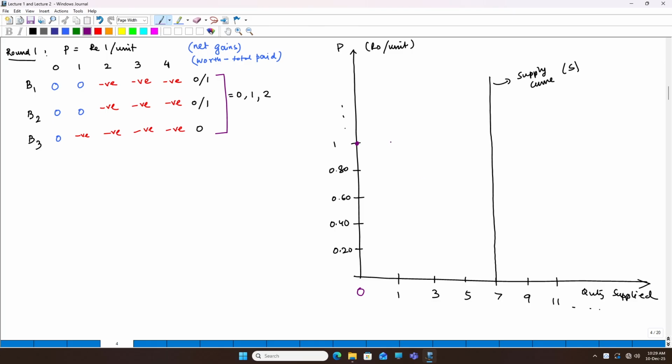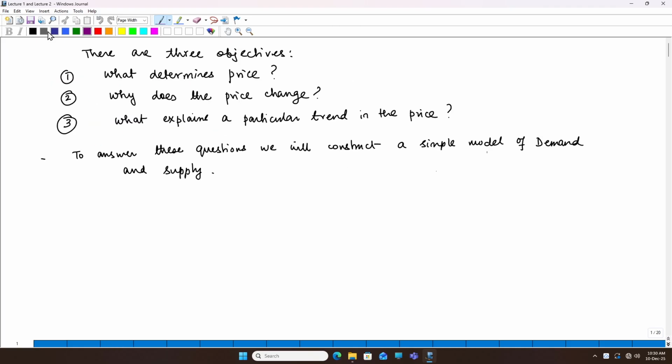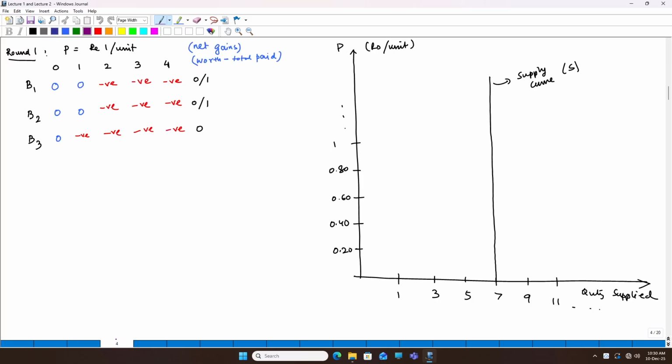So, either it is 1 or it is 2, right. So, the total quantity that is purchased is either 0 or 1 or 2, and the number I am going to denote on the x-axis here is going to be the quantity demanded. Okay.